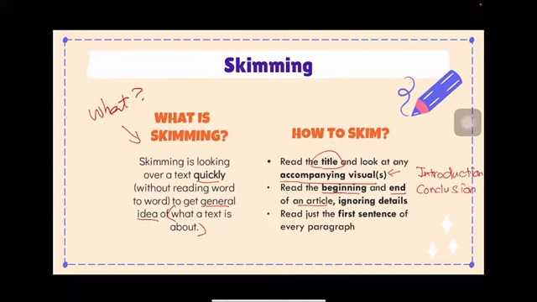So look at the first and the last paragraph of the article. You do not have to focus on details because that is not skimming. Skimming is just to get the general idea. You can also read the first sentence of every paragraph to know what the topic is about.